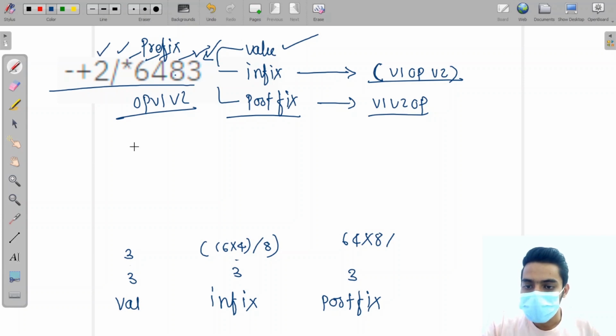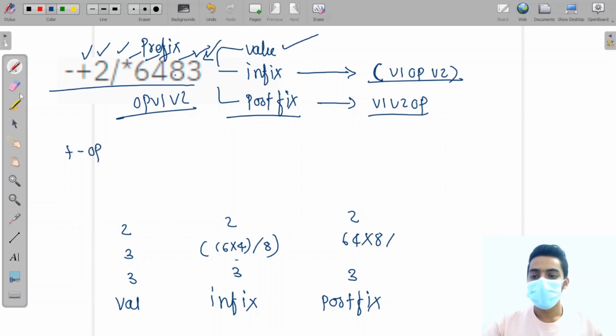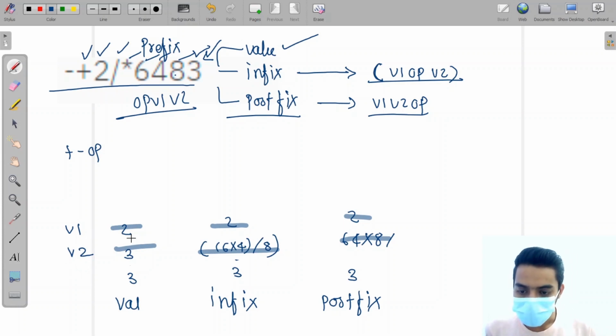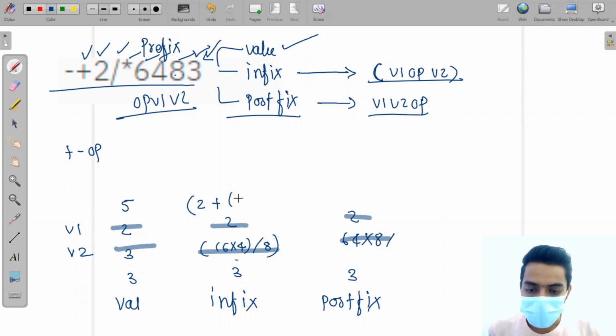Now 2 appears, 2 will be pushed into every stack, and the plus operator appears. Now this is the operator. When the operator comes into the game, we need to pop 2 elements from every stack. The first element that we get is value 1, after that value 2. So solving this, 2 plus 3, that is 5. For the infix, value 1, 2, operator plus, value 2, double bracket, 6 into 4, bracket complete, divide by 8.